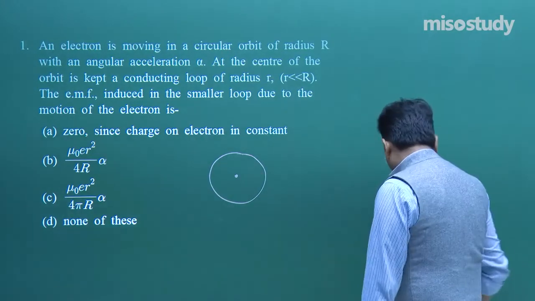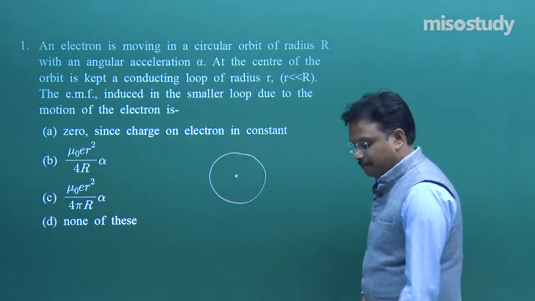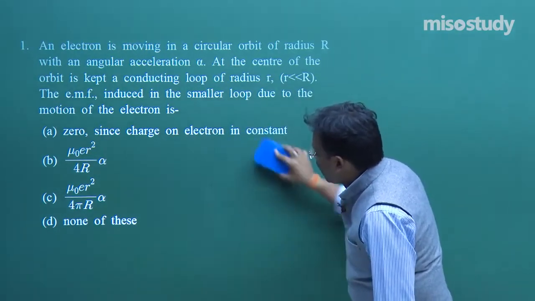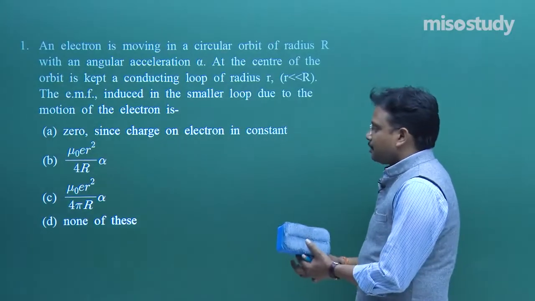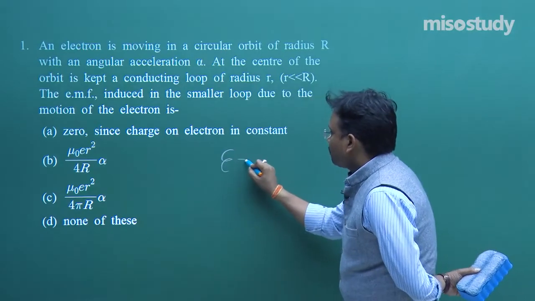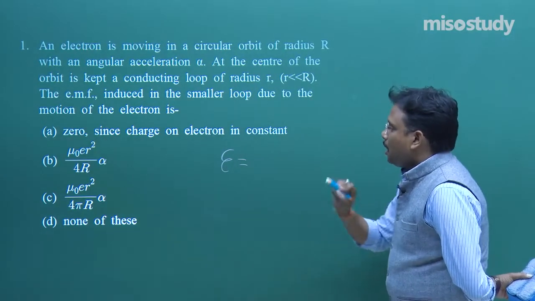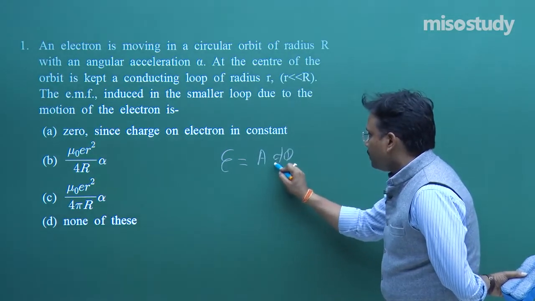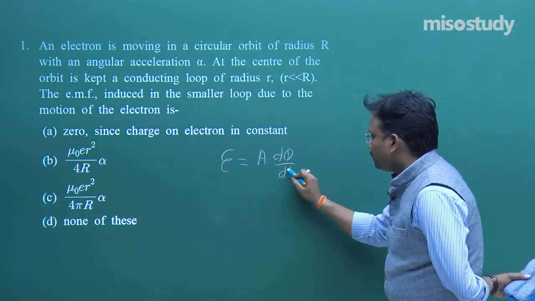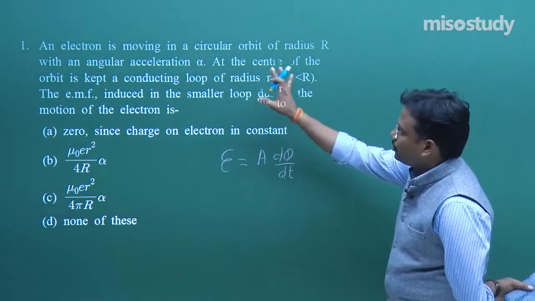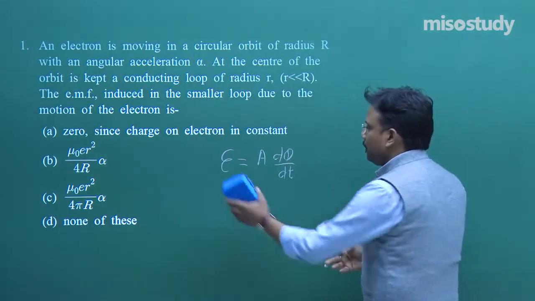So let us try to find the solution of this particular problem. Obviously the formula we are going to use is a simple result, that is, e equals minus d phi by dt. This is our basic result. Again and again we will use this result during the discussion of the problems.